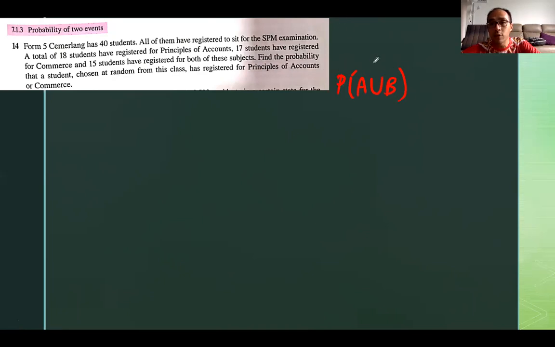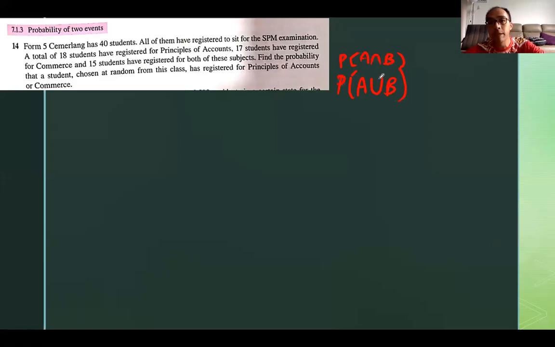So you have two events. The first situation is where you have a probability of both happening. So this is the probability of A and B. If you remember when you were doing set, there is intersection.